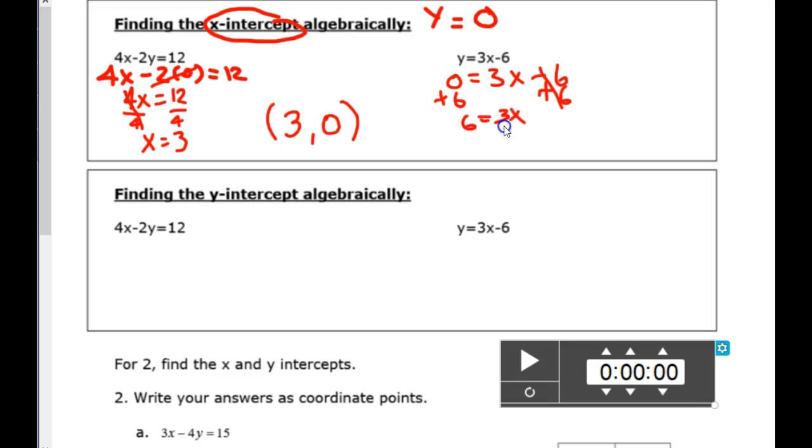Now what do I do? Divide by 3, and I get x is 2, therefore my coordinate point is 2, 0. I want you to try the y-intercept. Y-intercept is when what? X equals 0. All right, you try these two.